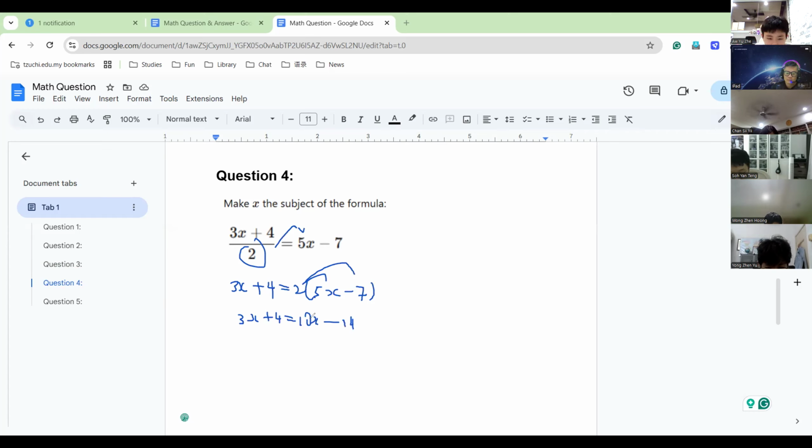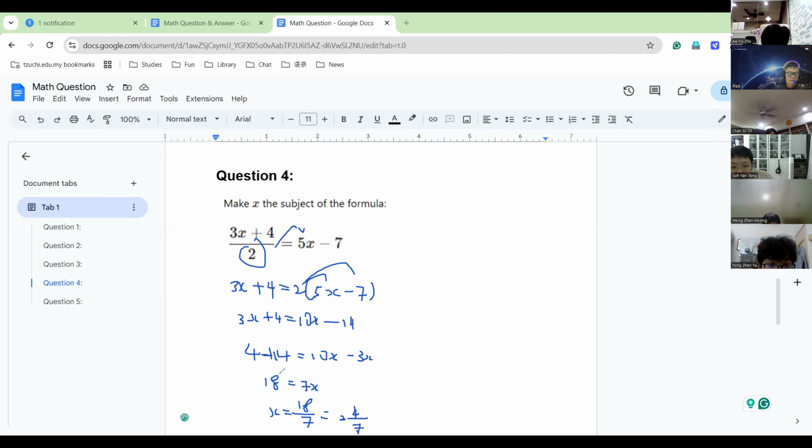Then move x term to one side only, will become 4 plus 14 as the negative 14 move here, and then move 3x to another side will become minus 3x, which will get 18 equals to 7x. And then I write x in front first, then 18 divided by 7, which could also be written as 2 and 4/7.